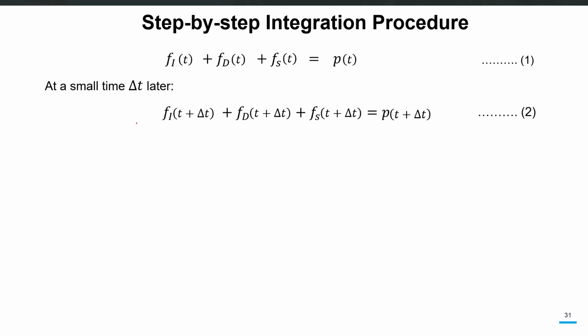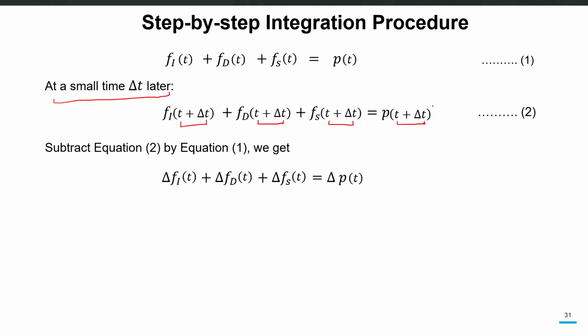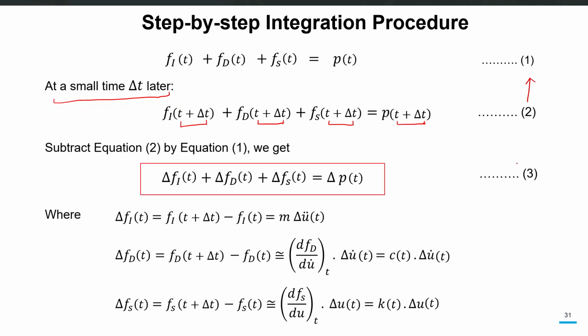Let's write the same equation at a small time delta t later. When the time is t plus delta t, the governing equation of motion will become this equation 2, where t will be replaced by t plus delta t for all the 4 forces which are in equilibrium. If we subtract equation 1 from equation 2, we will get this equation 3, which is called the incremental form of the governing equation.